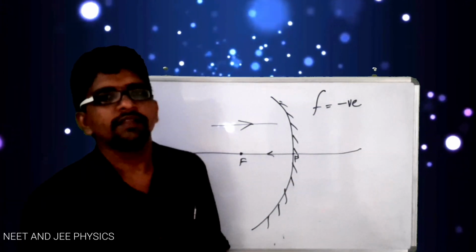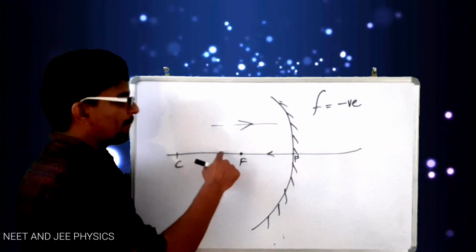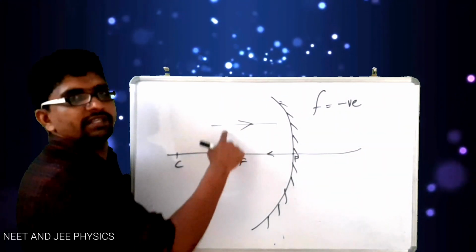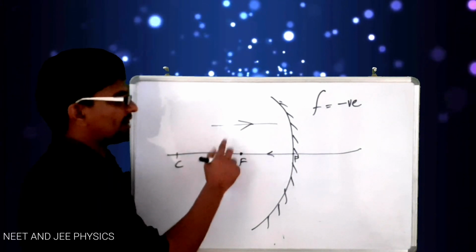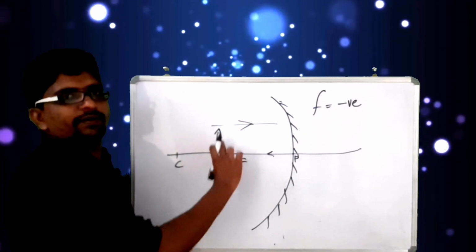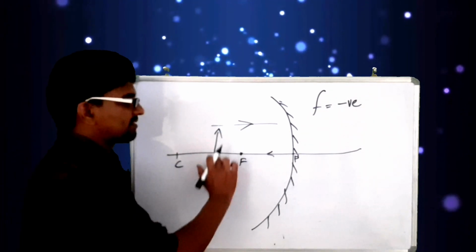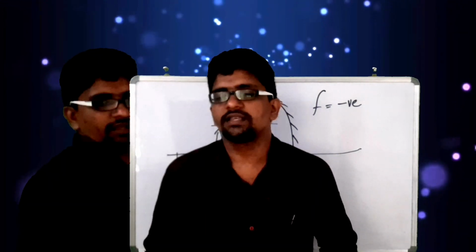Okay? So this is a sign convention. And one more rule is there. The measurement above this principal axis is taken as positive, for example, the height of the object. Below this principal axis, that is taken as negative. These are the sign conventions.